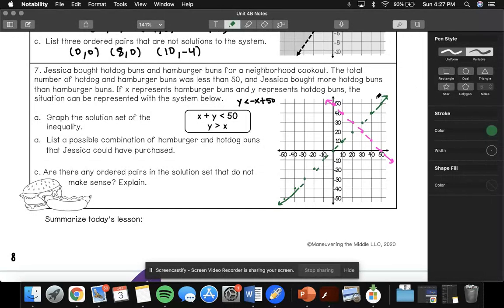Okay, now we have to think about the solutions. For this one, it has to be below the pink line, but it also has to be above the green line. So that shading would be right here. Well, technically it would be all the way right here.